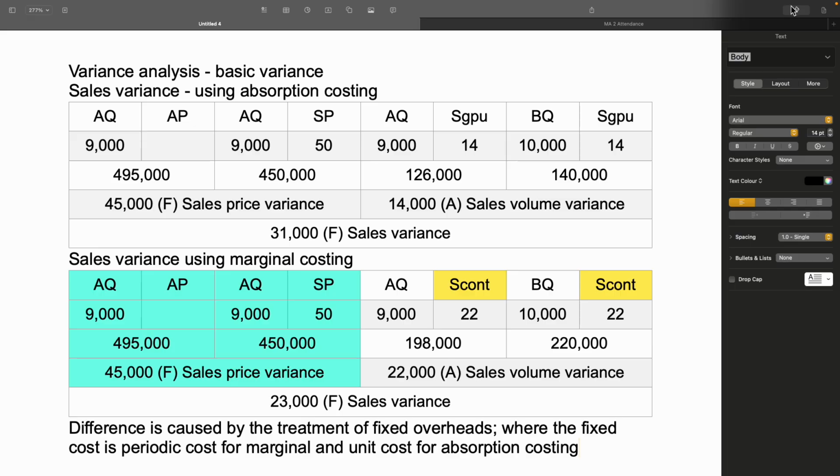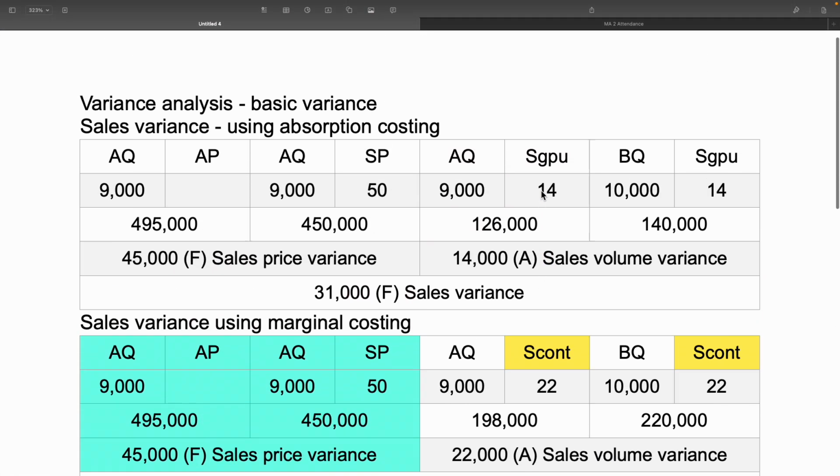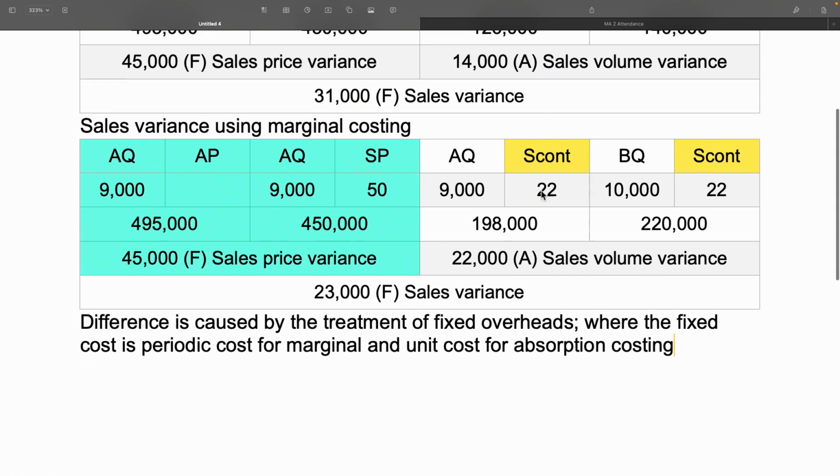All right, so we've done the first part, which is this one. Let's go to the next variance.